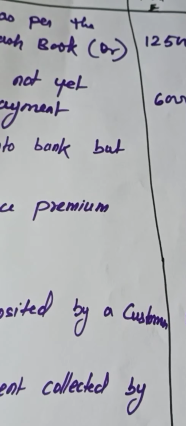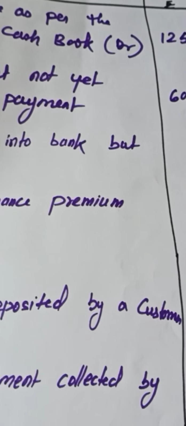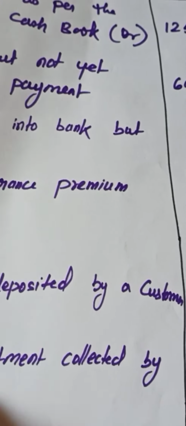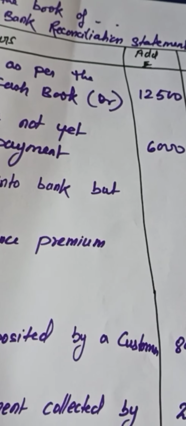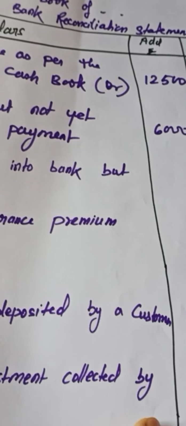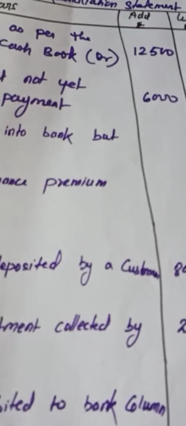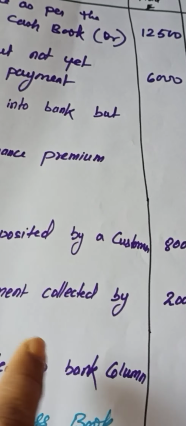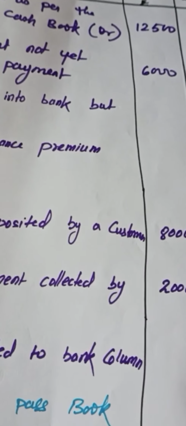When the bank provides us interest on our investment, it means the bank balance is increased, it's added. Next is cash discount debited to bank column, it's a less.